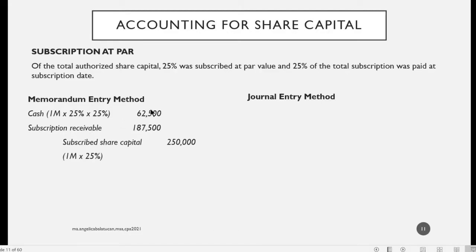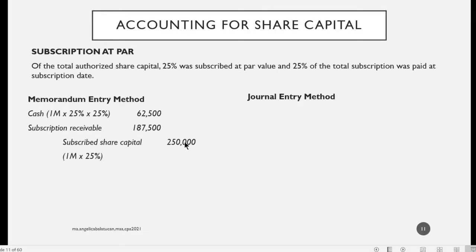Then, the remaining unpaid portion: 1 million times 25% times 75% would be the subscription receivable. And then credit subscribed share capital, which is equivalent to 1 million pesos times 25%, so credited to subscribed share capital, 250,000.